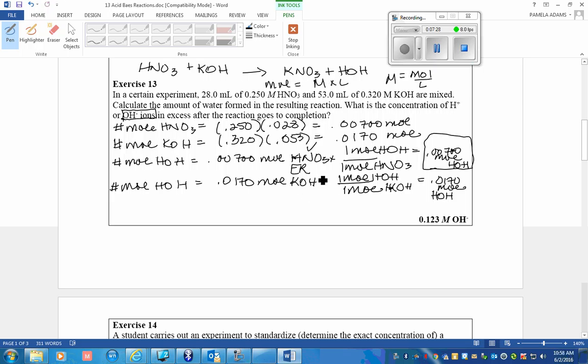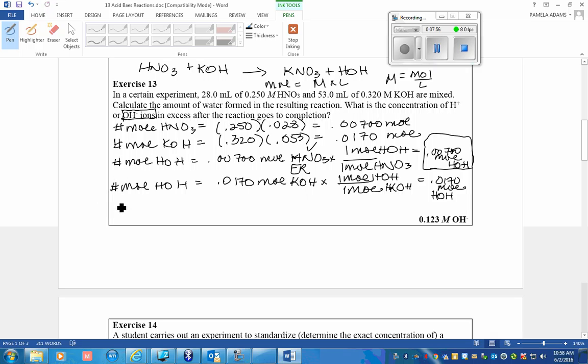We need to figure out how much of the OH is tied up in the water. We know that for every 1 mole of KOH, we have 1 mole of OH minus. So if we have 0.0170 mole of KOH, we have 0.017 moles of OH.